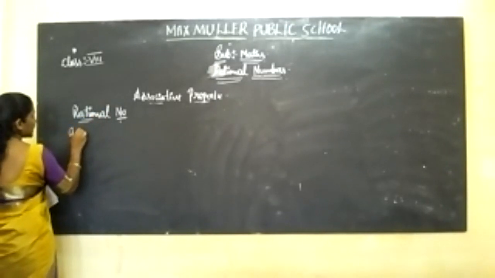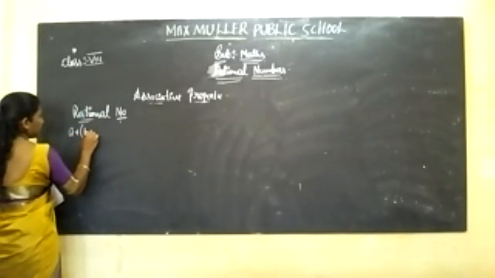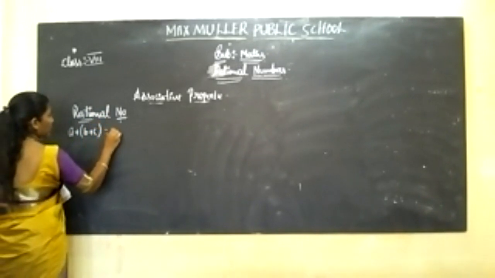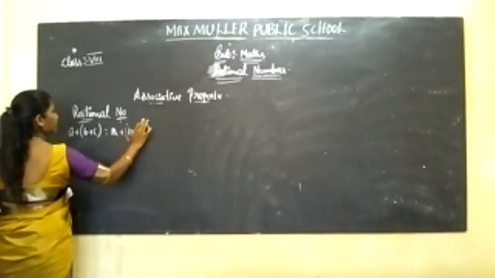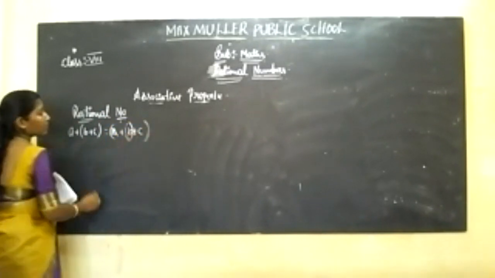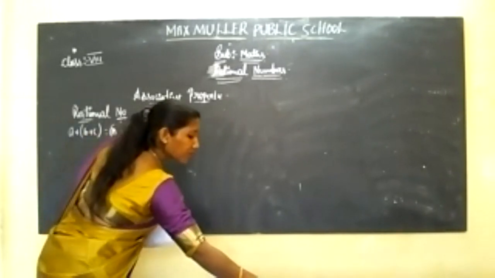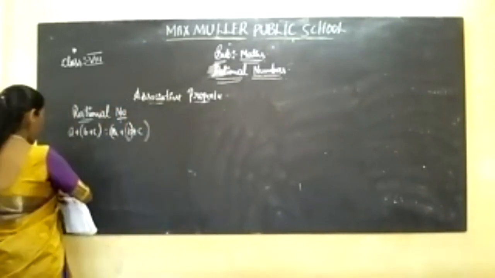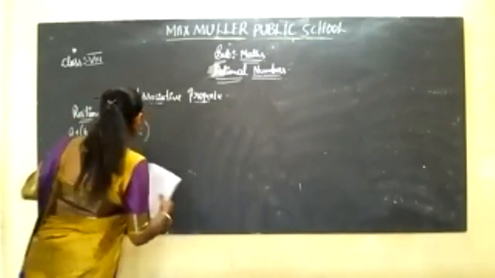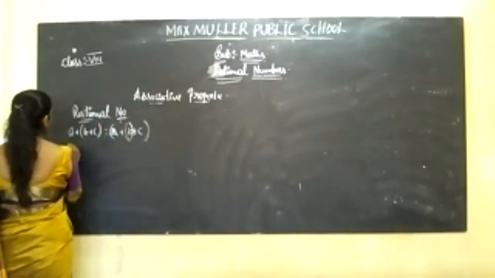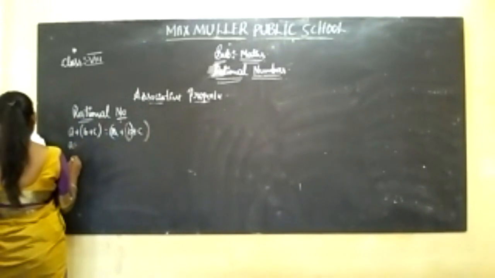So (a + b) + c is equal to a + (b + c). Okay. Now the same thing, but you are checking it for rational numbers. You know rational numbers will always be fractions, correct?